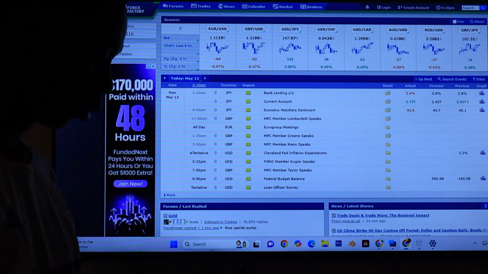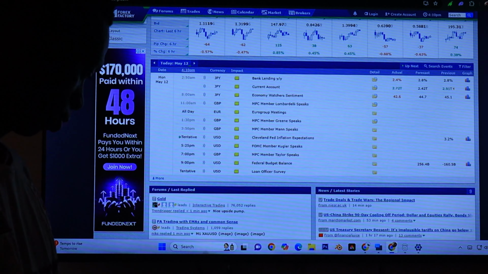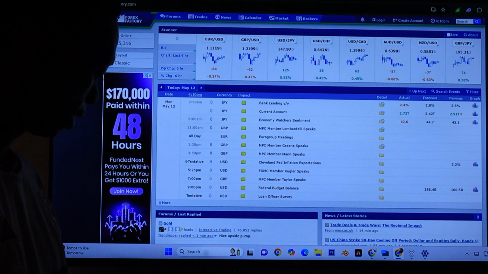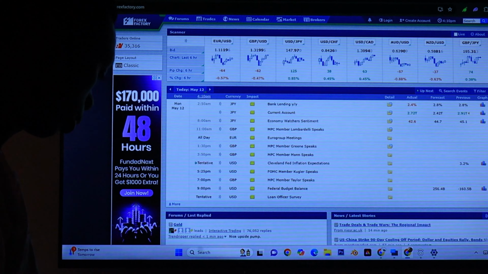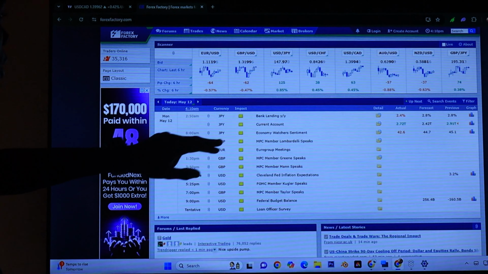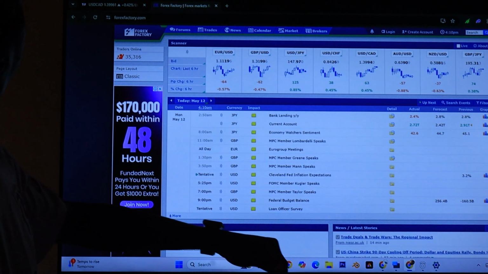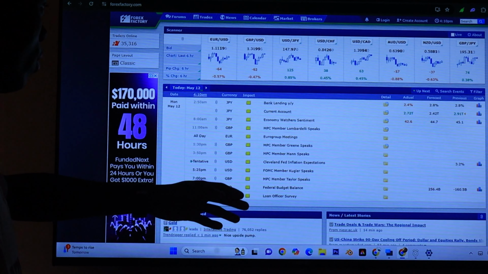So let's say today is the 12th of May 2025. Before I embark on this trading day, I check for news, and you'll find that on this particular day there was the yellow folder news. These are low impact news.